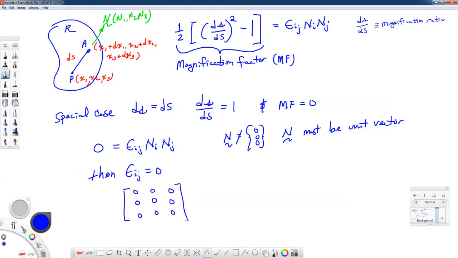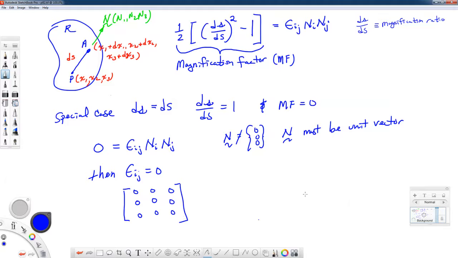So the components of that matrix would be equal to 0. So that's kind of a nice special case to think about. A case where we don't have any strain at all. And it makes sense.